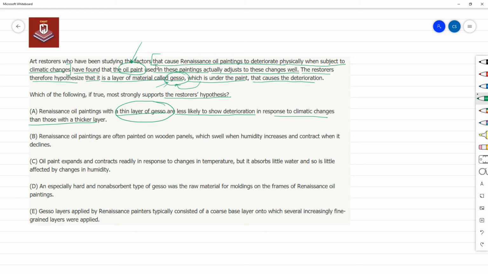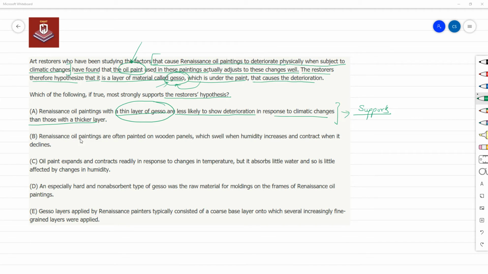Then gesso could be playing a role, right? It supports the hypothesis. It is not proving it, and we are not looking for an option that proves the hypothesis, but it increases the belief that if the greater the amount of gesso, the more likely a painting is to show deterioration in response to climatic changes, then probably gesso is playing a role, right? So option A is the strengthener.